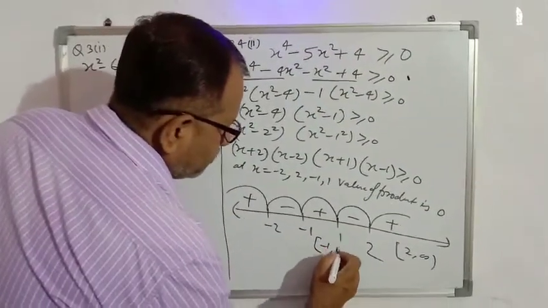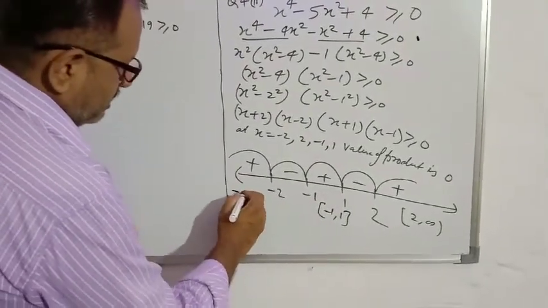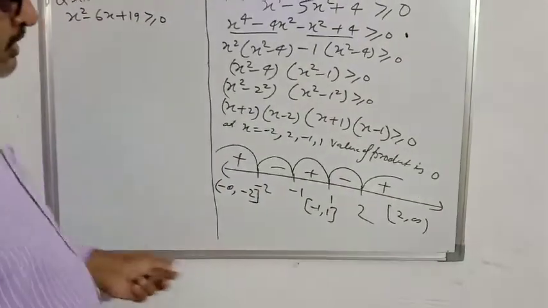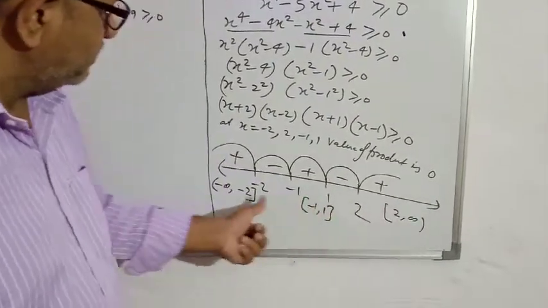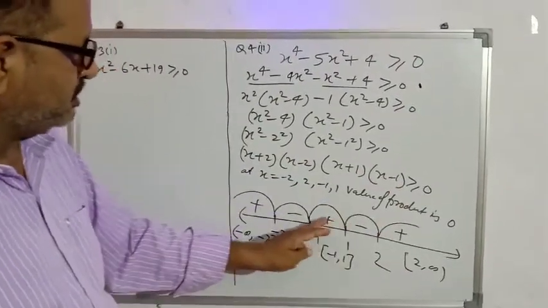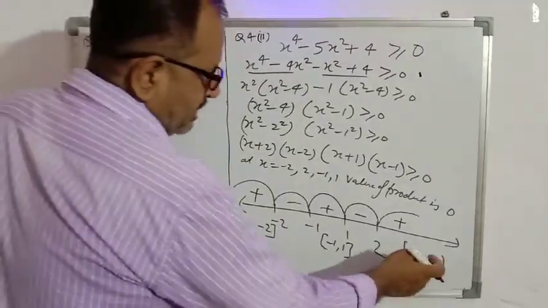Next, minus 1 to 1, positive. Third interval, minus infinity to minus 2. So in these three intervals, we are getting the sign of this product as positive. So what will be the solution? Union of these three intervals.